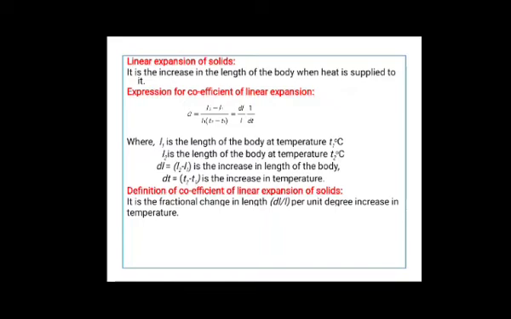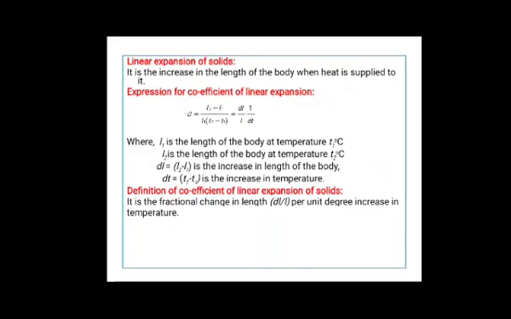Take the difference between temperatures, that is T2 minus T1. So what is the expression for coefficient of linear expansion? Alpha is equal to (L2 minus L1) divided by L1 into (T2 minus T1), or you can write it as dl divided by L into 1 by dt. The unit of alpha is per degree Kelvin.